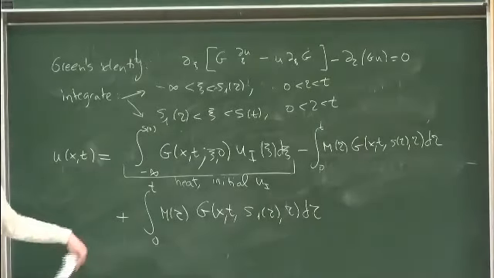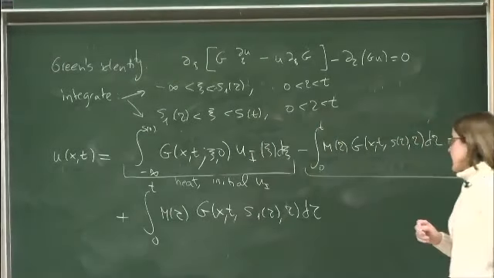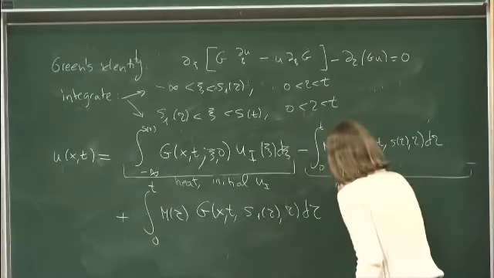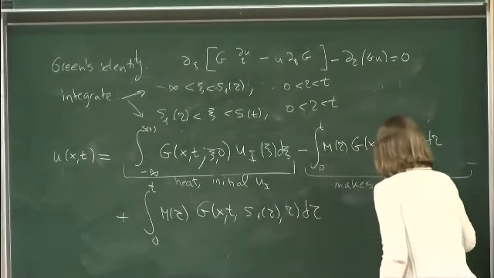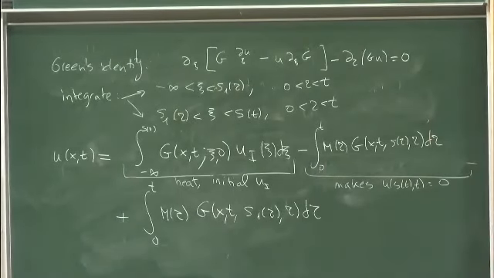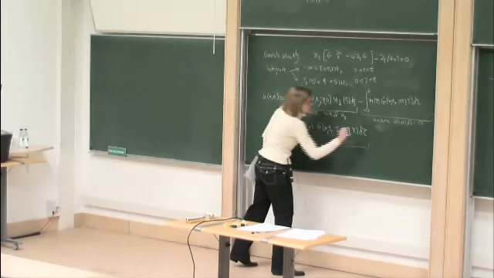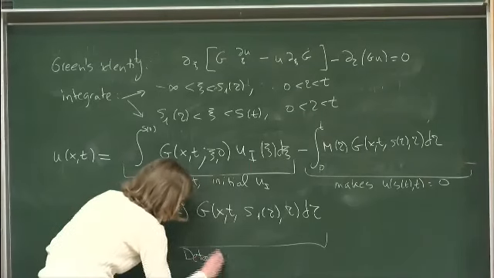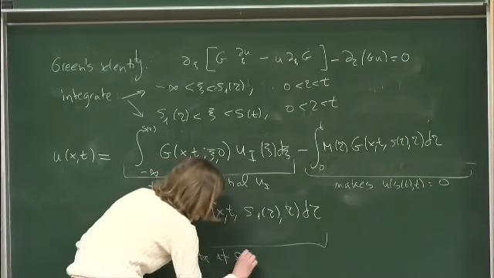Nothing special, very good. The second part is what takes care of the free boundary. This one is the one that makes u at s of t be 0. The third part is the one that takes care of the delta at the point s1.